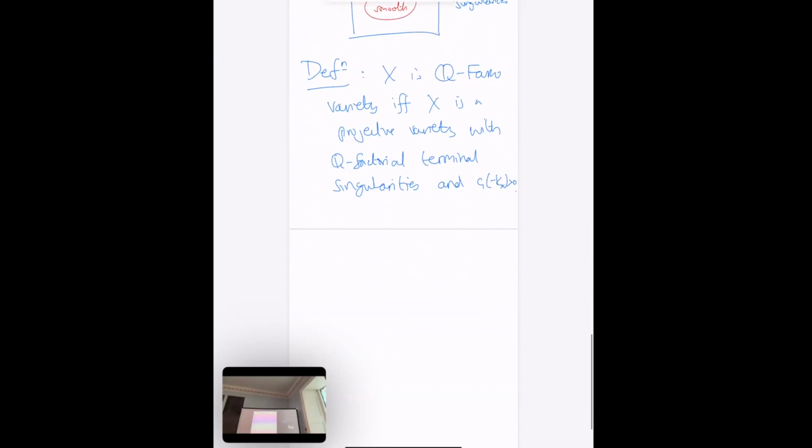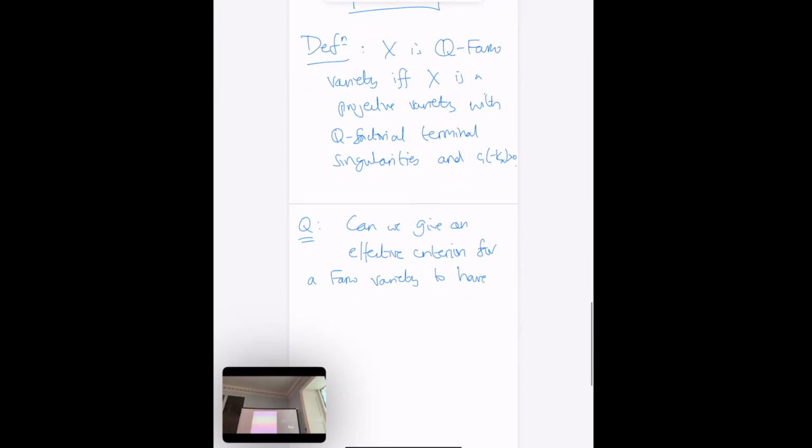Okay, so this is our question now. Can we give an effective criterion, an efficient way, for a Fano variety to have terminal singularities?